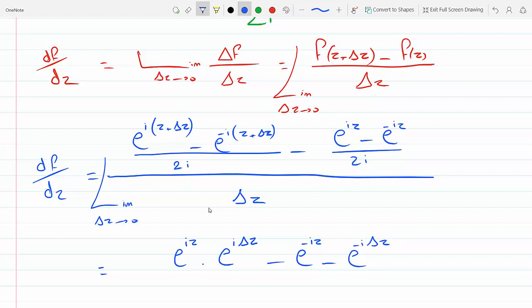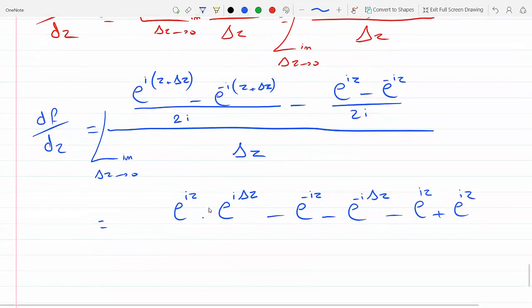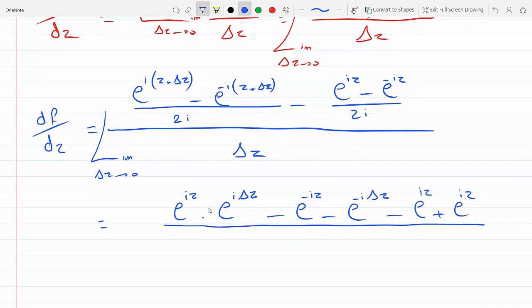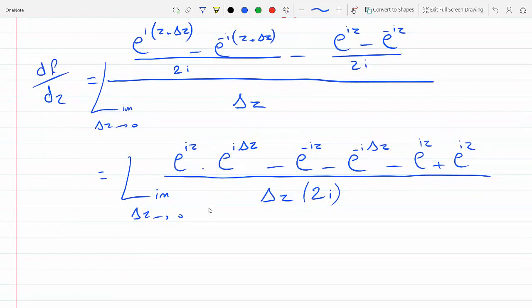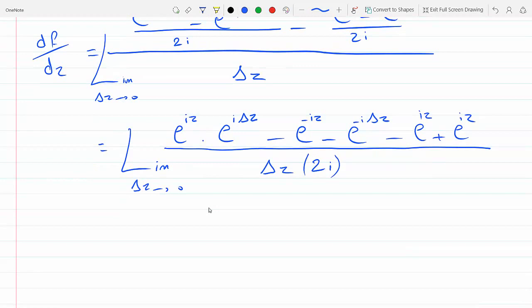They have the same denominator, so I could just merge them, minus e to the iz, all over delta z, with 2i sitting outside, and then when we're done we'll take the limit as delta z goes to 0. You can't plug in delta z equals 0 as of yet because the denominator will go to 0. Let's see what we can do.